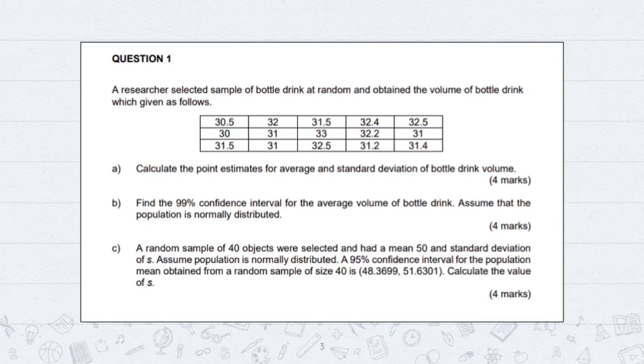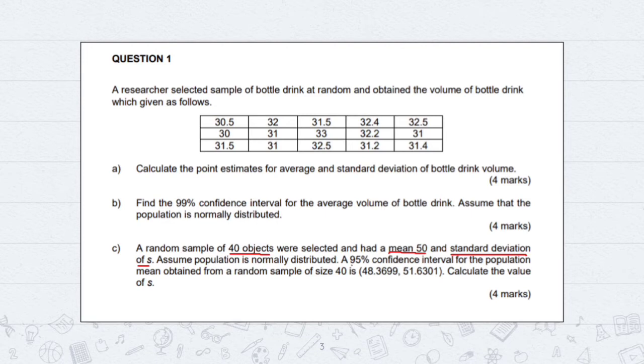My name is Shahrul Ikmal bin Abdul Razak. Okay, now let's see question C. A random sample of 40 objects was selected and had a mean of 50 and a standard deviation of S. Assume the population is normally distributed.